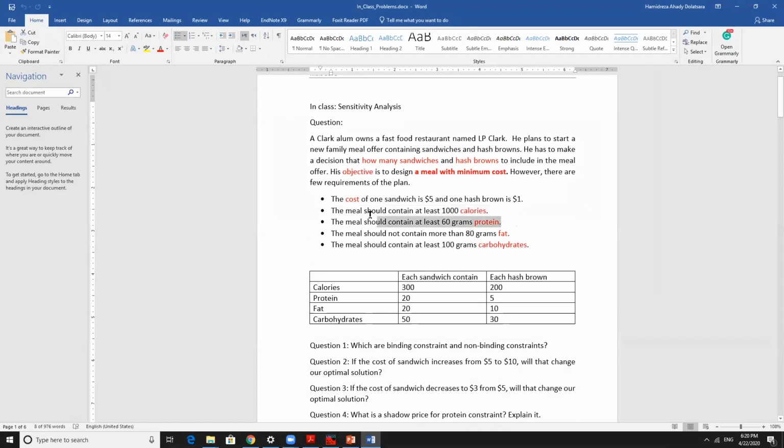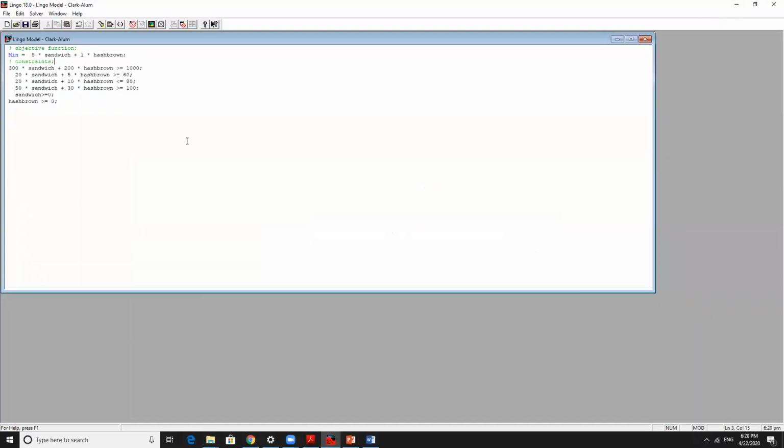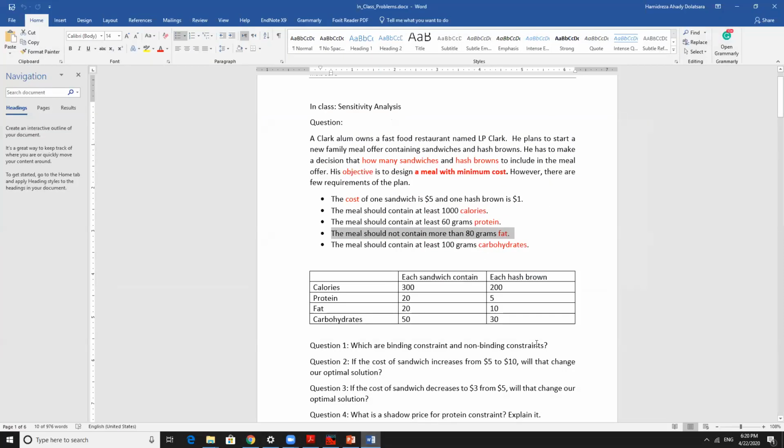Same for protein. We want to have at least 60 grams of protein, but for fat, it shouldn't be more than 80 grams of fat. So you see now it is less or equal 80. And same for carbohydrates.